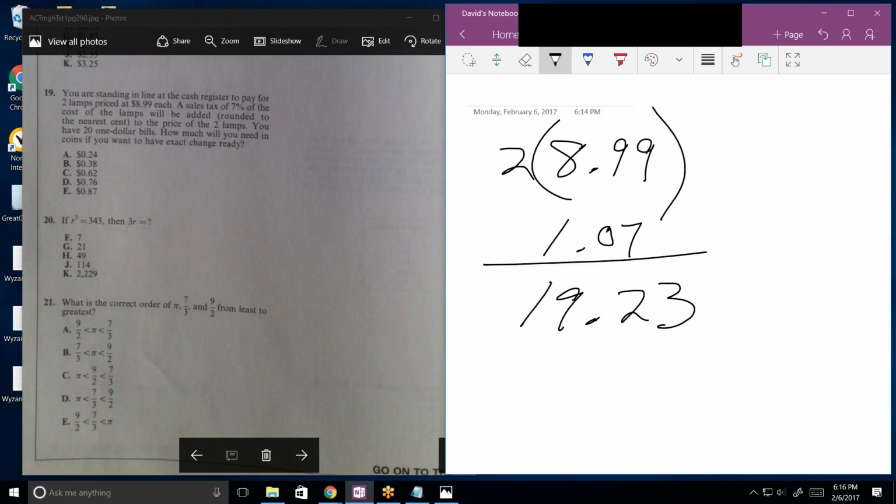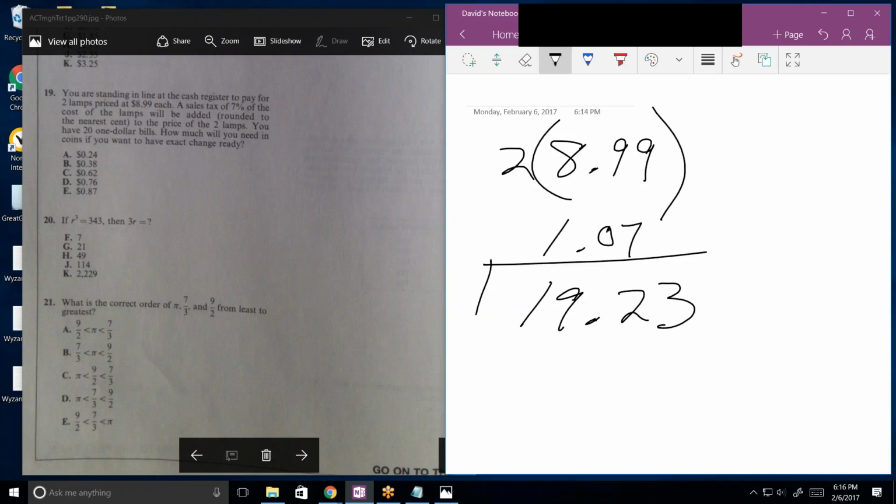Okay. Now let's look at the question. You have $21 bills. How much will you need in coins if you want to have exact change ready? Wouldn't you need 24 cents? Yep. And they did put the trap answer on there, 76. It would be real easy to misread this and say, how much change do you get?